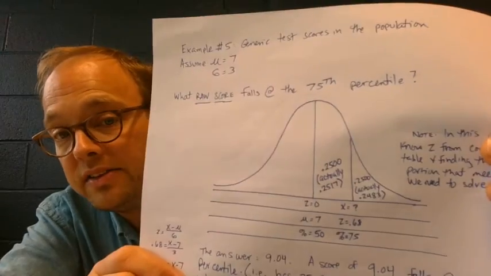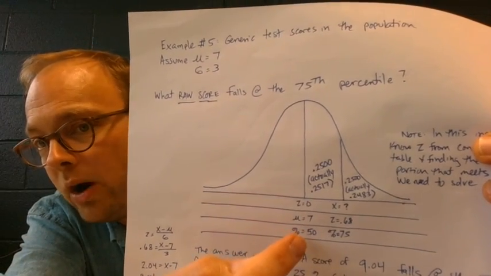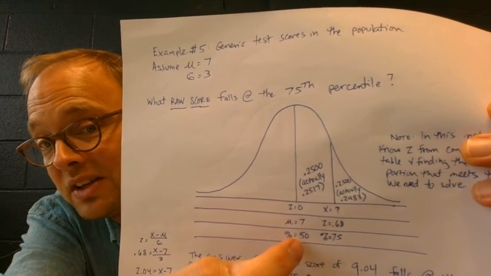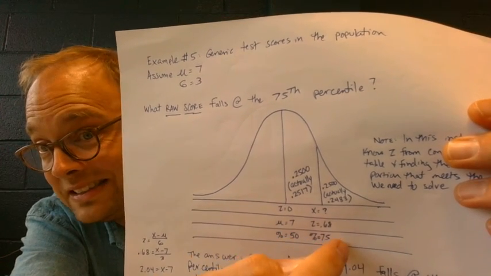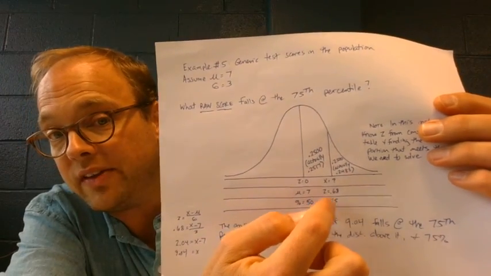It means the point at which 75% of the distribution falls below and 25% falls above. Let's apply that to this drawing. If we know this is the 50th percentile, the 75th percentile would have to be here, above 50.